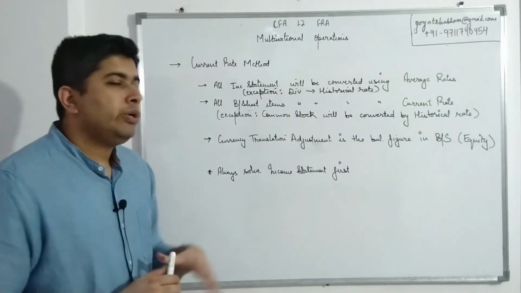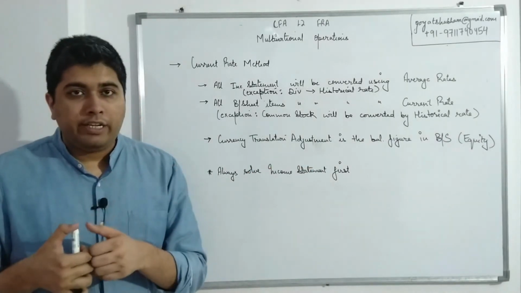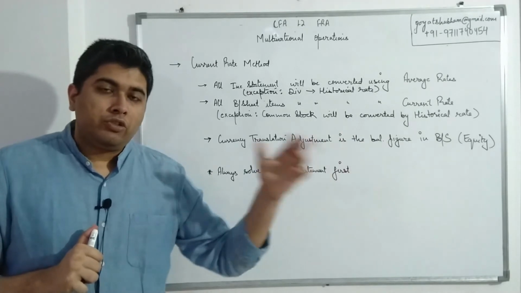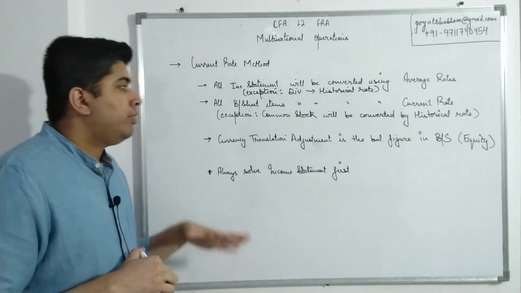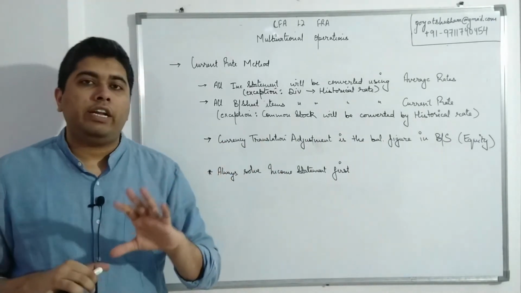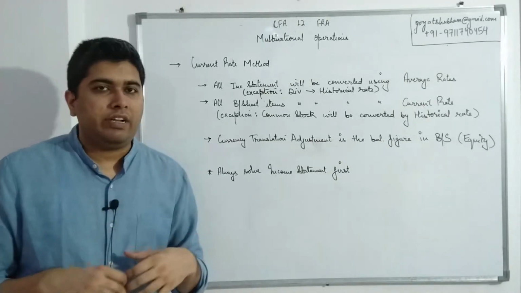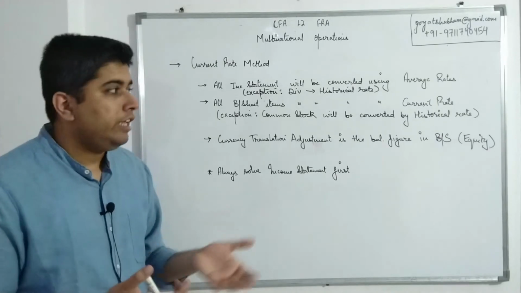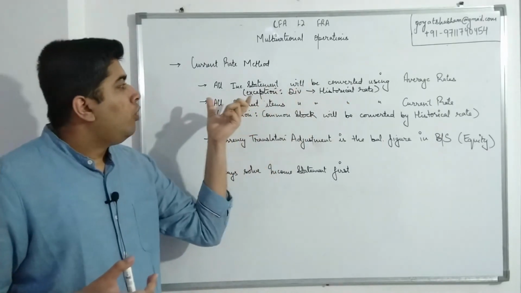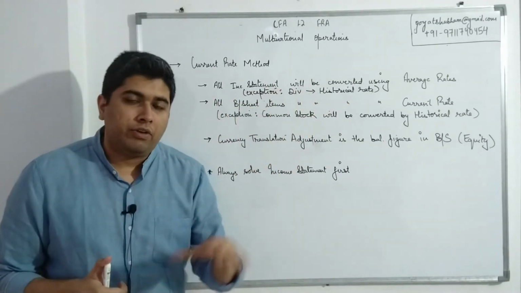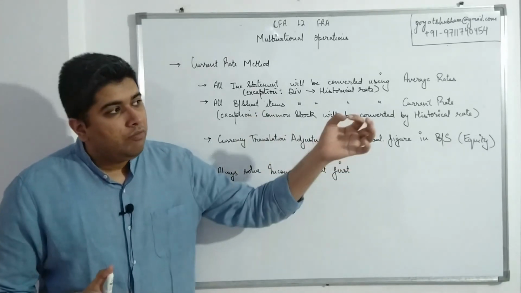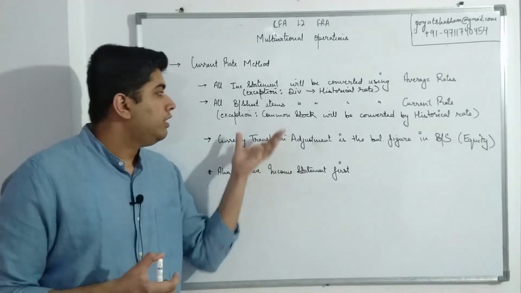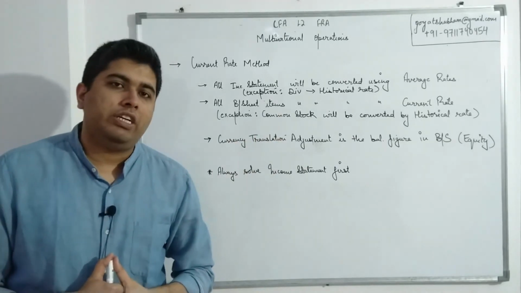If there is dividend, you will remove the dividend and get retained earnings. Only retained earnings gets transferred to the balance sheet value. So it is very important that we keep the value of retained earnings as we got from the income statement itself. We won't restate retained earnings in the balance sheet directly using the current rate. Rather, whatever retained earnings we get from the converted income statement, we'll plug that into our new balance sheet. That is how we'll get the currency translation adjustment.